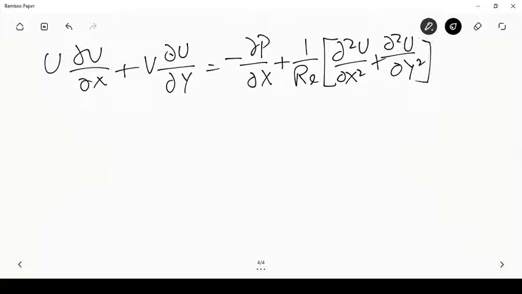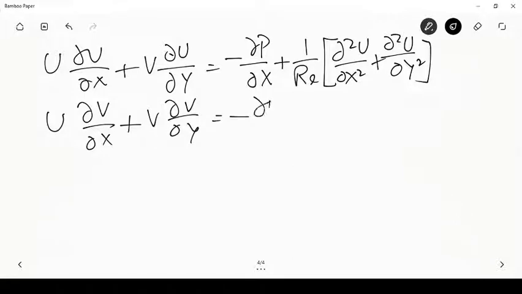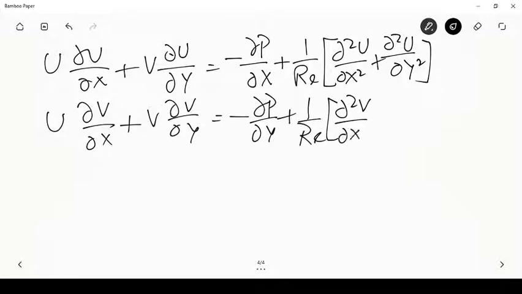This is the x momentum equation, and the y momentum equation says u del v by del x plus v del v by del y is equal to minus del p by del y plus 1 over Re times del squared v by del x squared plus del squared v by del y squared.